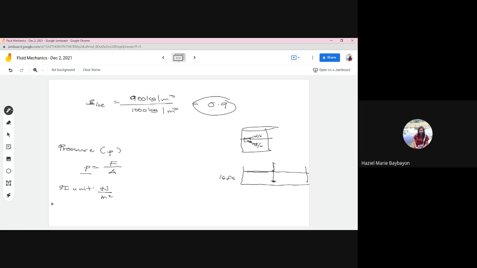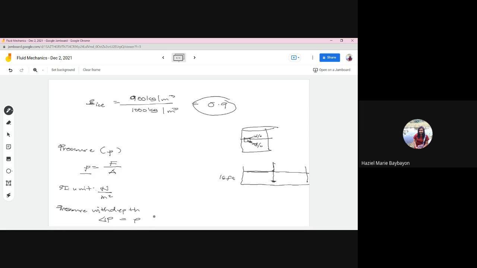Let us try to measure the pressure with depth. So for example, as we go down this 16 feet swimming pool, the deeper we go, the pressure exerted by the fluid towards you is actually greater compared to at the top. We can actually quantify the change in pressure, and it is equal to the density of the fluid.